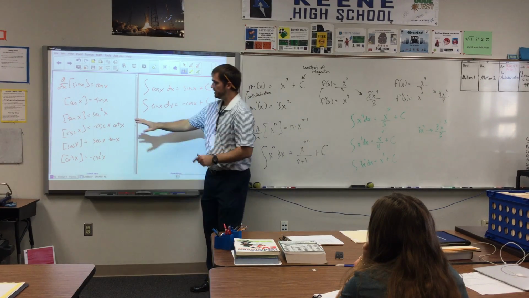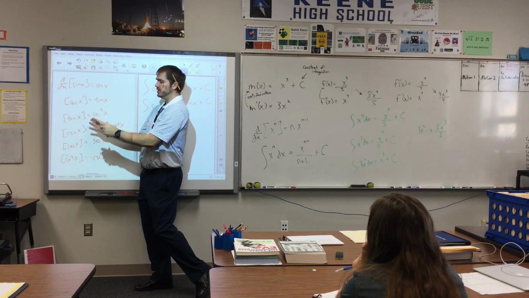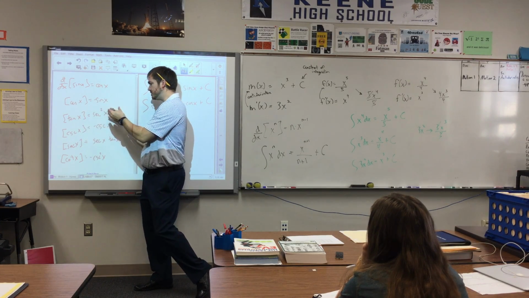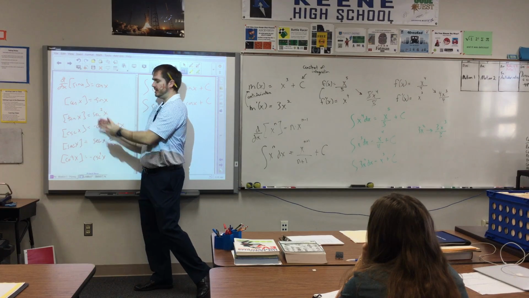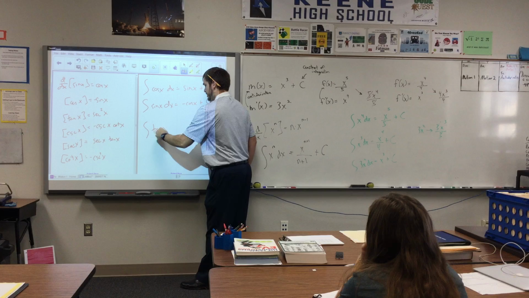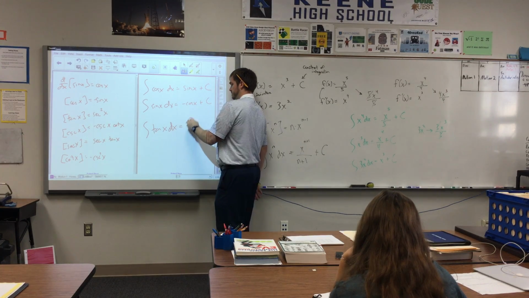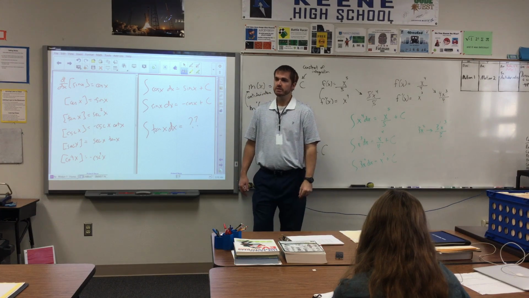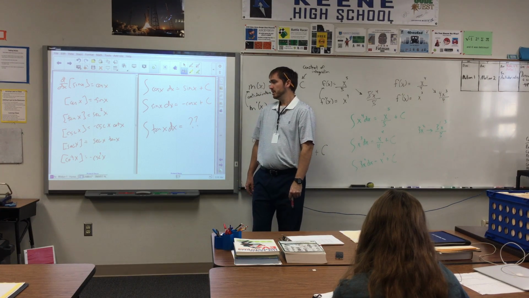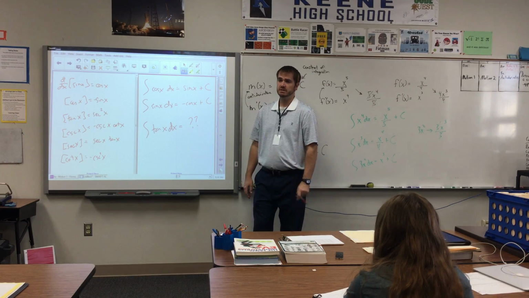We don't have any function so far such that when we take the derivative of it, we get tangent. In other words, the antiderivative of tangent x dx, we don't know. There is something, but it's pretty complicated.